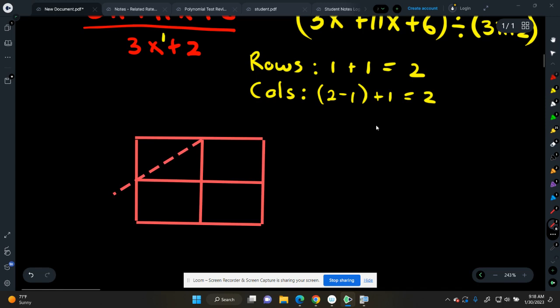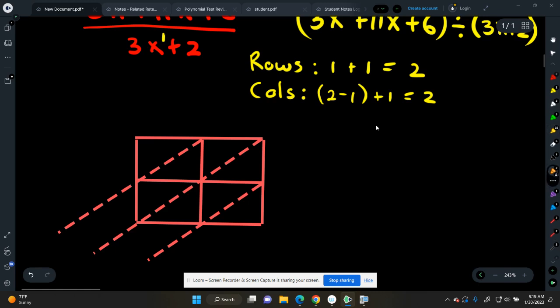Okay, and then my diagonals are going to go like that. What are those diagonals telling us, by the way? Why am I drawing the diagonals in there? Yeah, that's which boxes are being added together. It lines up my like terms, basically.